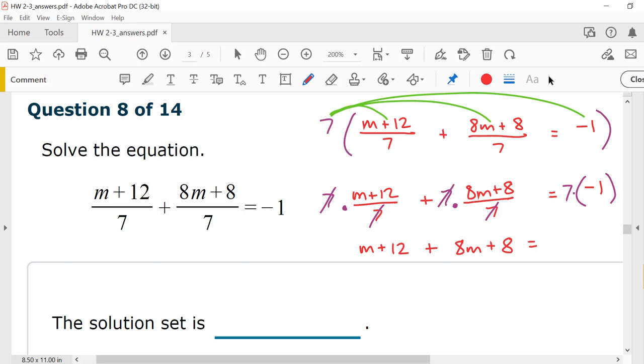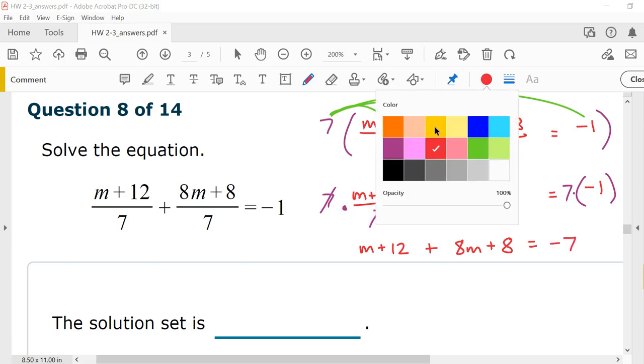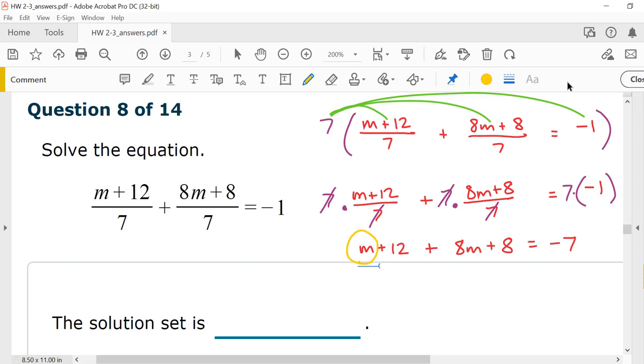Now 7 times negative 1 is negative 7. Collecting like terms on the left-hand side, m plus 8m gives me 9m. 12 plus 8 is 20. So 9m plus 20 equals negative 7.